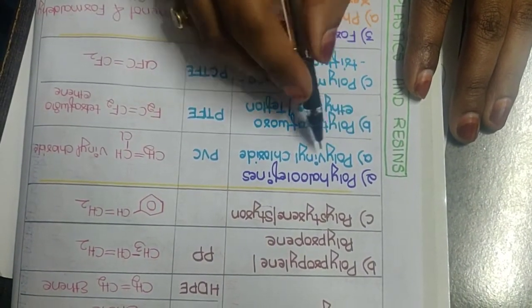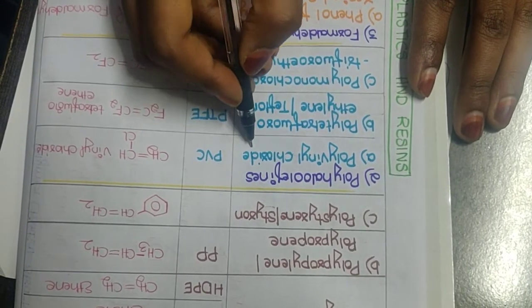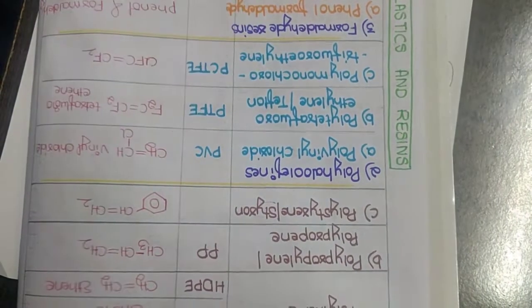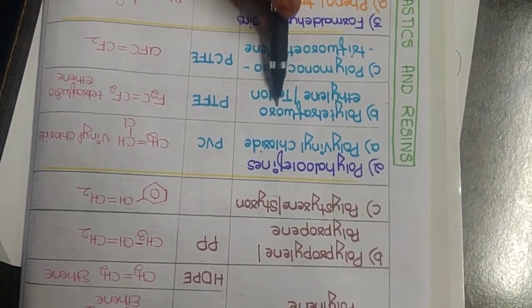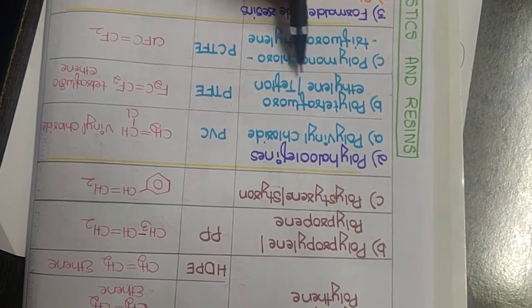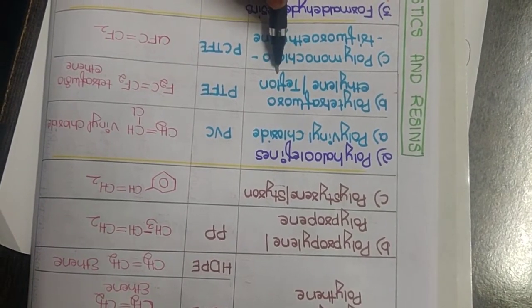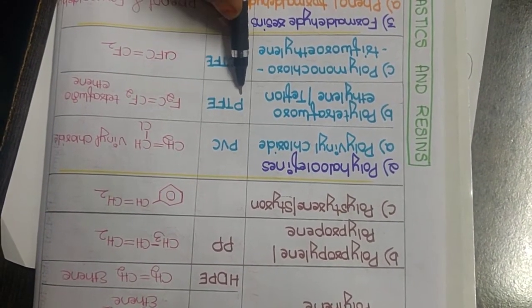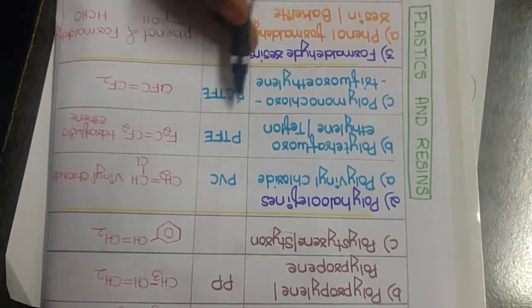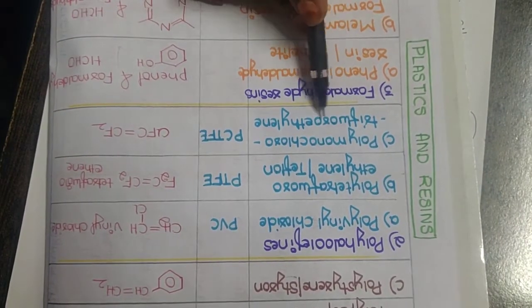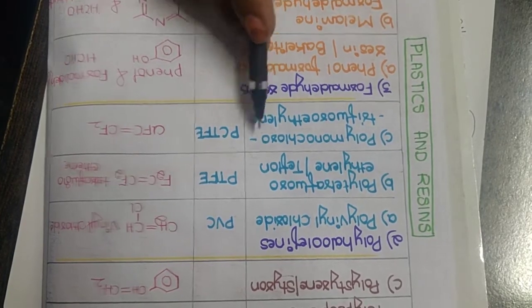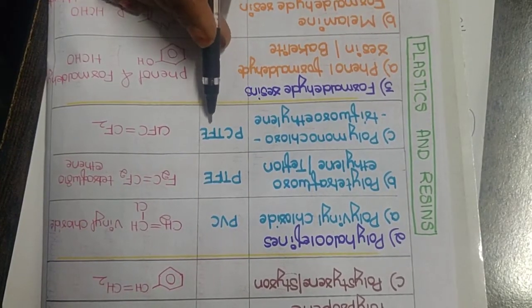One is polyvinyl chloride, abbreviated as PVC. Next is polytetrafluoroethylene, commonly called Teflon, and the abbreviation is PTFE. And the last one is polymonochlorotrifluoroethylene, and the abbreviation is PCTFE.